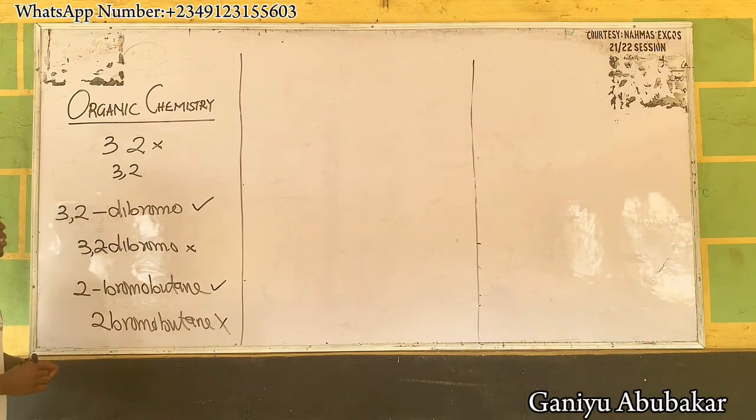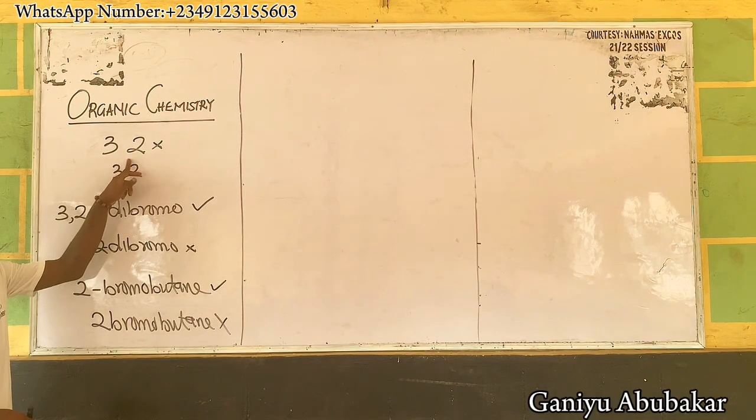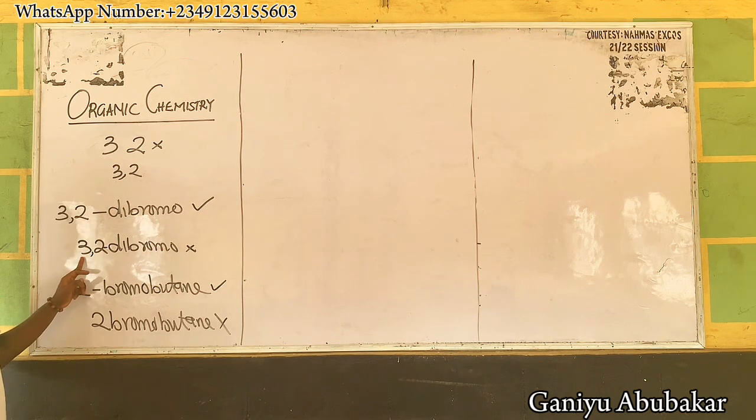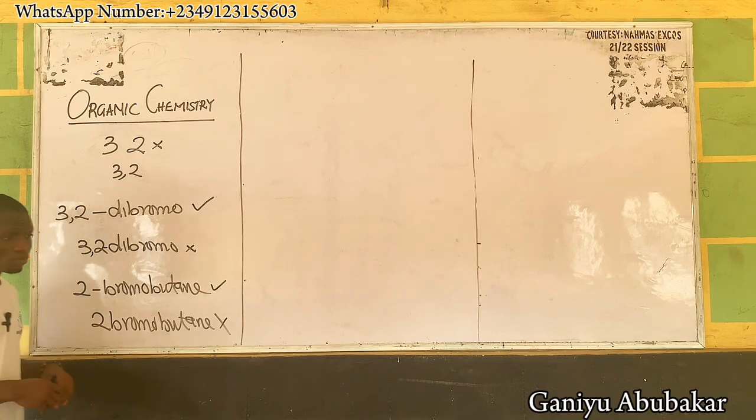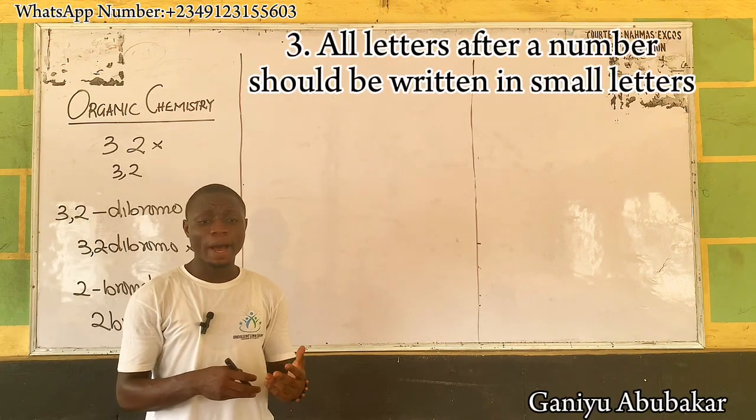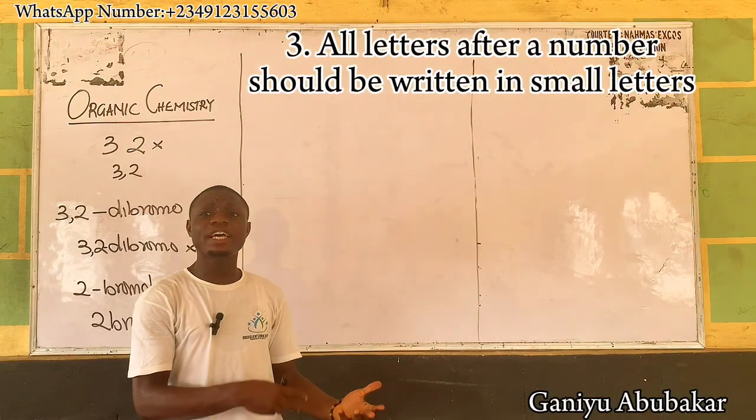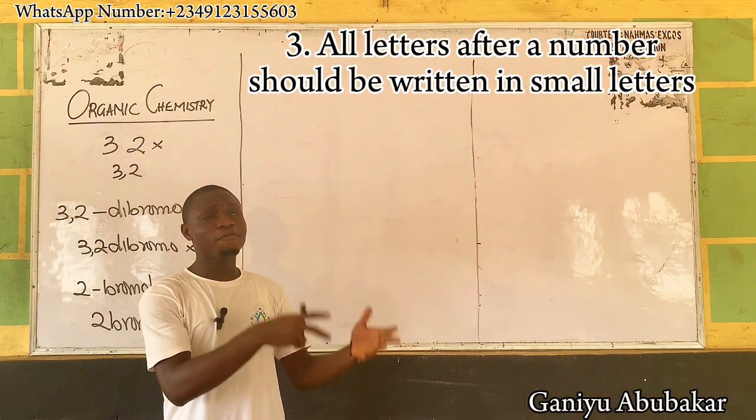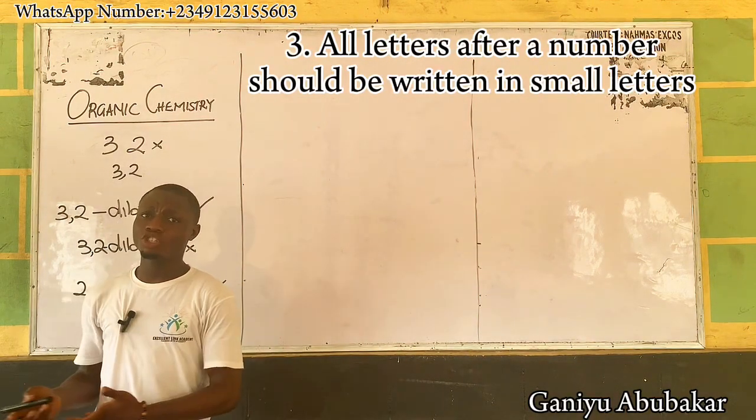So I'm saying rule 1 says separate number from number using a comma. Rule 2 says separate number from alphabet using a hyphen. Rule 3 says the letter after a number, before an alphabet, should be written with what?